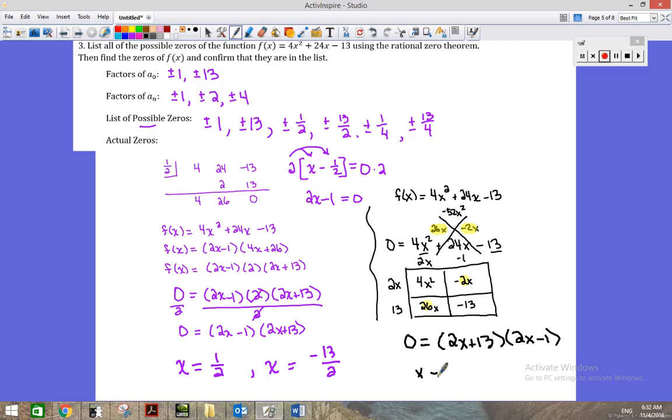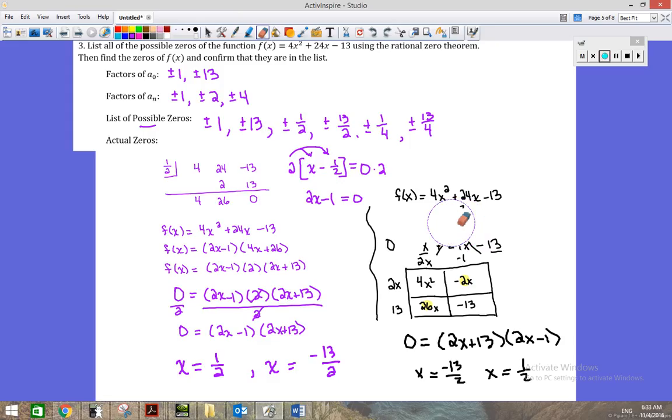And so that first factor gives me, if I subtract 13 and divide by 2, and here if I add 1 and divide by 2, I get the same answers, the same zeros of the function. I'm building a lot of confidence now in this theorem and in this technique of synthetic division, because I know it's working, because when I compare it to something that I know for sure certainly works, factoring, or I could have done the quadratic formula, right?